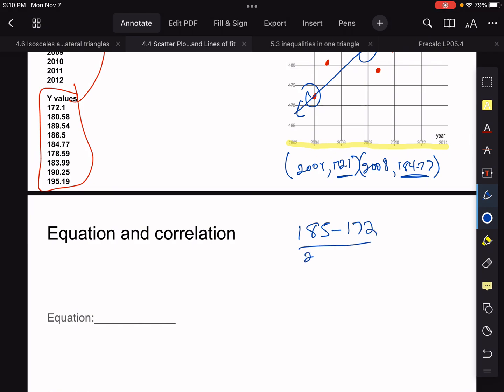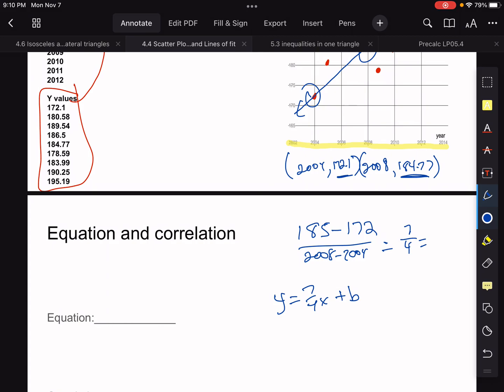My change in x would be 2008 minus 2004. Okay, so my slope there is going to be 7 over 4, which you could just leave as 7/4 actually, that's fine.